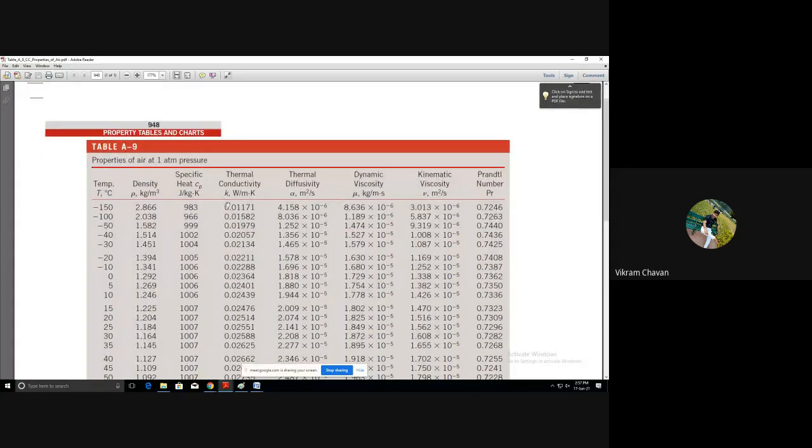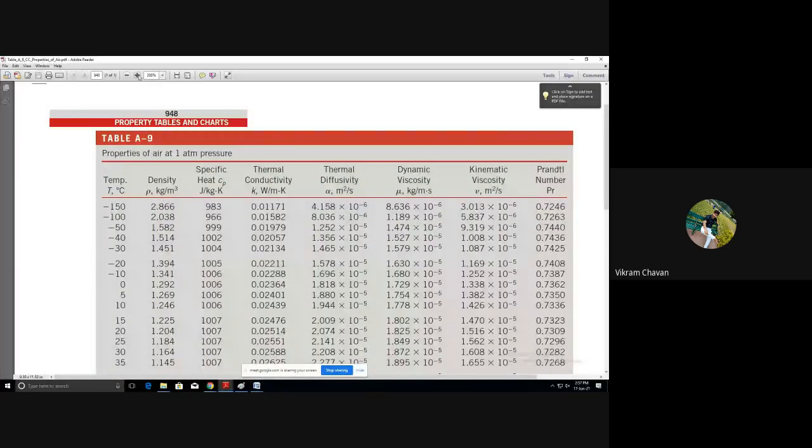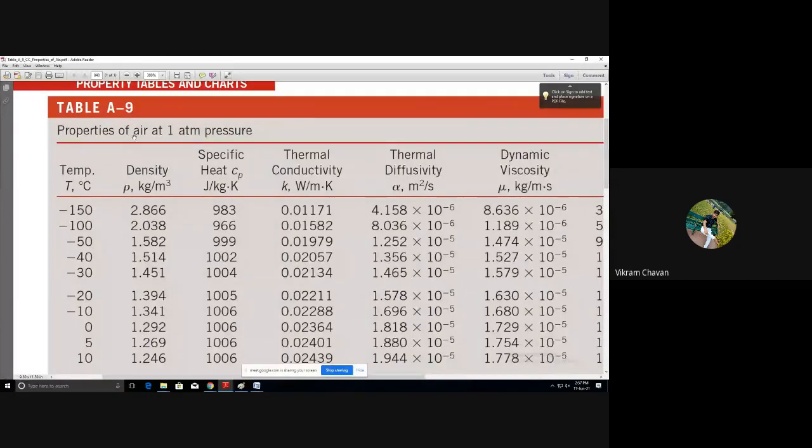Property table chart. You can see here, I will zoom it once again. This property table chart is for air at 1 atmospheric pressure.